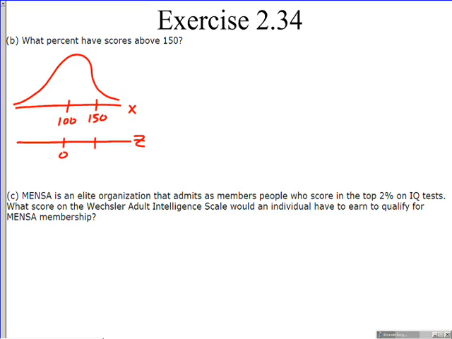We need to find the correlating z-score for that, which is going to be 150 minus 110 divided by 25, and we get the z-score to be 1.6. So again, we want to know greater than that, so we're looking for that area right in there. Standard deviation you should always identify, which was 25. And now we're looking for the area to the right of 1.6 on our z-table.